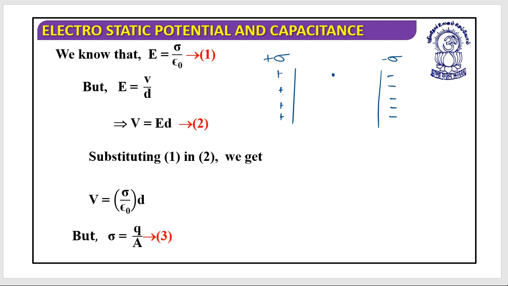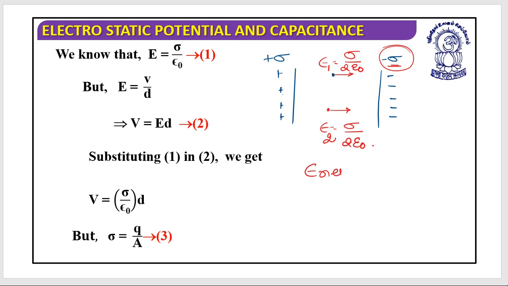So what I can write is, due to this positive plate, the electric field will be equals to sigma by 2 epsilon naught. Electric field due to this minus charge plate, remember this is the minus charge plate, magnitude remains the same, but direction will be towards inside the plate. It would be E is equals to sigma by 2 epsilon naught. So let's name this as E1, this as E2.